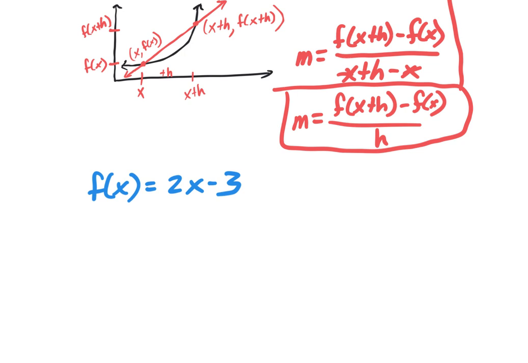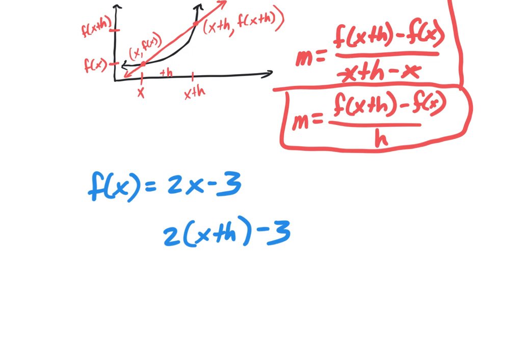So here's my formula, right? This is the same thing I put up above. If I said, what is f of 5? I take 5 and I plug it into this function. But here we're going to plug in x plus h. So x plus h goes in where the x is. So we're going to go 2 times (x plus h) minus 3. And then we're going to subtract the original function.